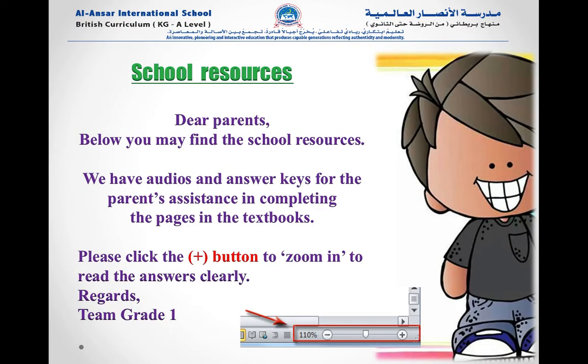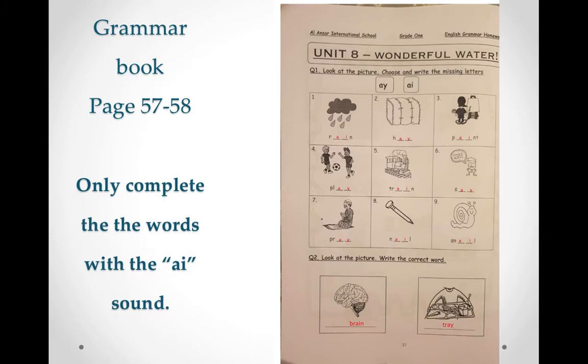Now these are your school resources. You will look in your grammar book on pages 57 and 58. But please remember, today you are only learning about the A-I sound. So when you complete these two pages, only complete the words that have the A-I sound.